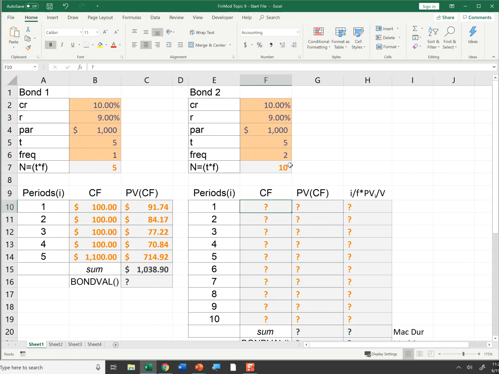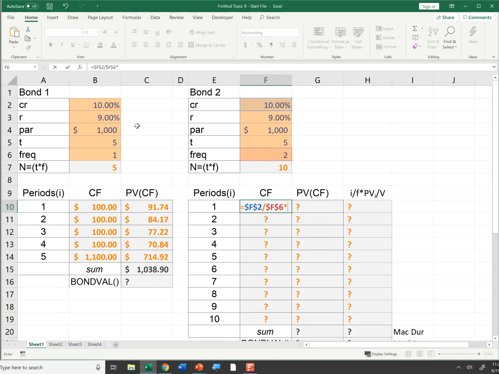Bond 2 has 10 payments. It's 5 years, 2 payments per year, so 10 total payments are listed right here. The cash flows in this case are going to be the annual coupon rate, anchor that, divided by the frequency. So this bond is going to receive 5% of par every 6 months instead of 10% of par every year.